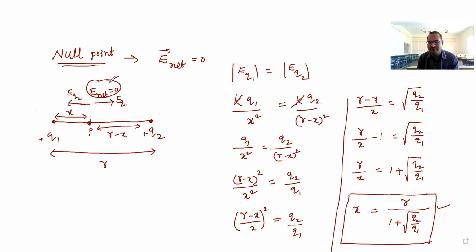This is all we want. We have already concluded that the directions are different. Now, to get the net electric field 0, the magnitudes of these two electric fields should be equal, because we want the net electric field to be 0, because we want the null point. A null point is a point where the net electric field is 0.